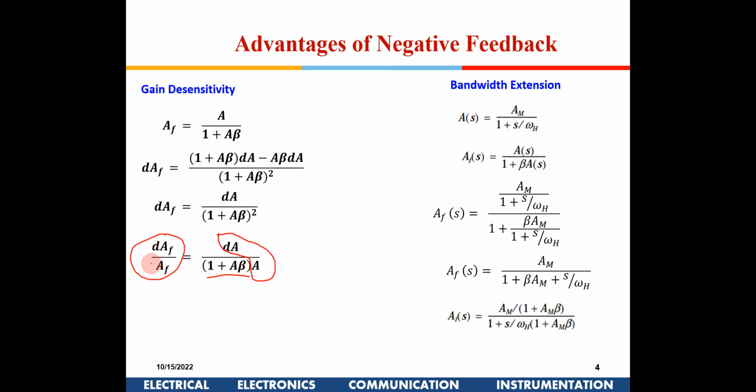That means the forward gain is much more stable. It is much less sensitive than without feedback. Without feedback, this is the thing. When I have feedback, I have 1 plus A beta in the denominator. That means this is much better by a factor of 1 plus A beta. So this is one advantage. Is this advantage clear to all of you?